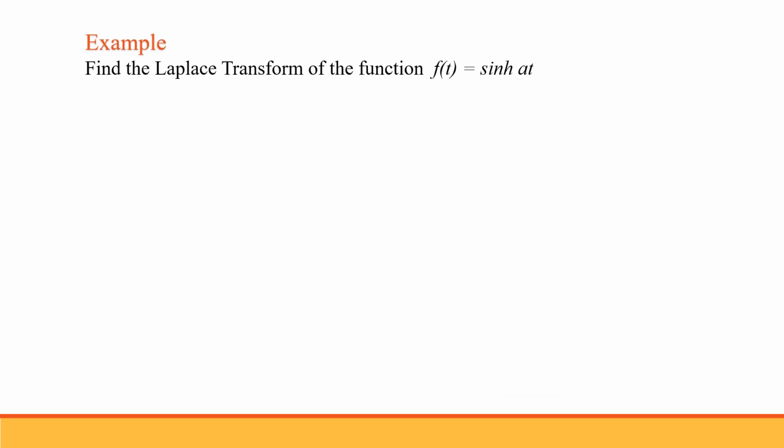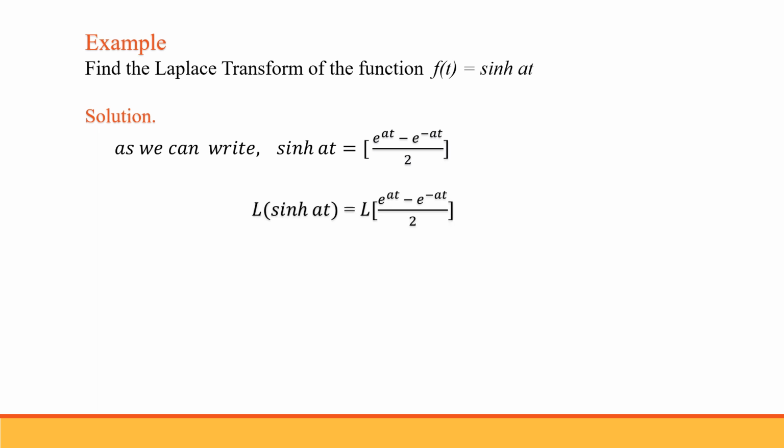Take the next example. Find the Laplace transform of f(t) equal to sinh at. The hyperbolic function sine can also be written in the form of exponential function as sinh at is equal to (e to the power at minus e to the power minus at) by 2.